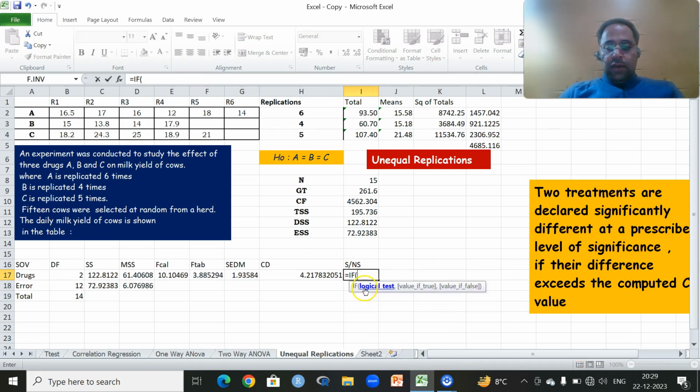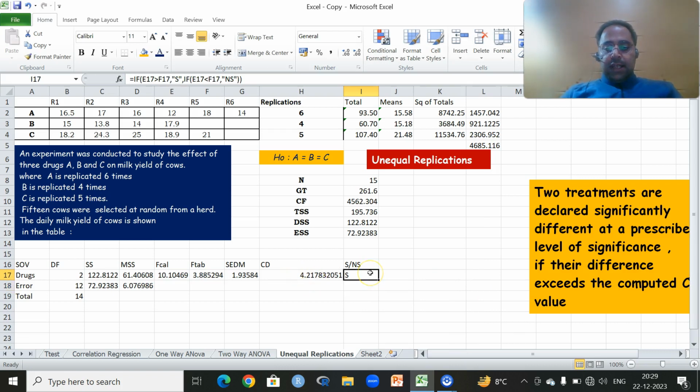If the calculated value is greater than this tabulated value, then we will put it as S. It will pop up like S. If again the calculated value is less than this tabulated value, then we will label it NS, then these double brackets.